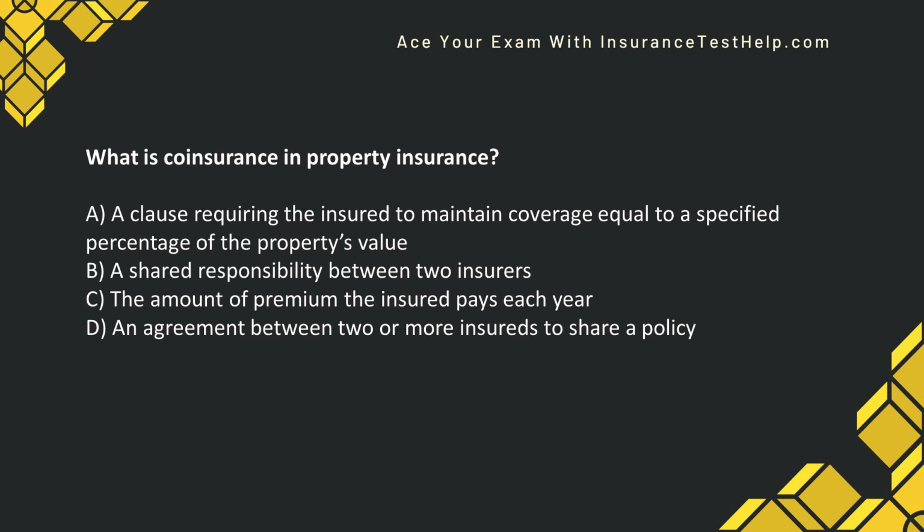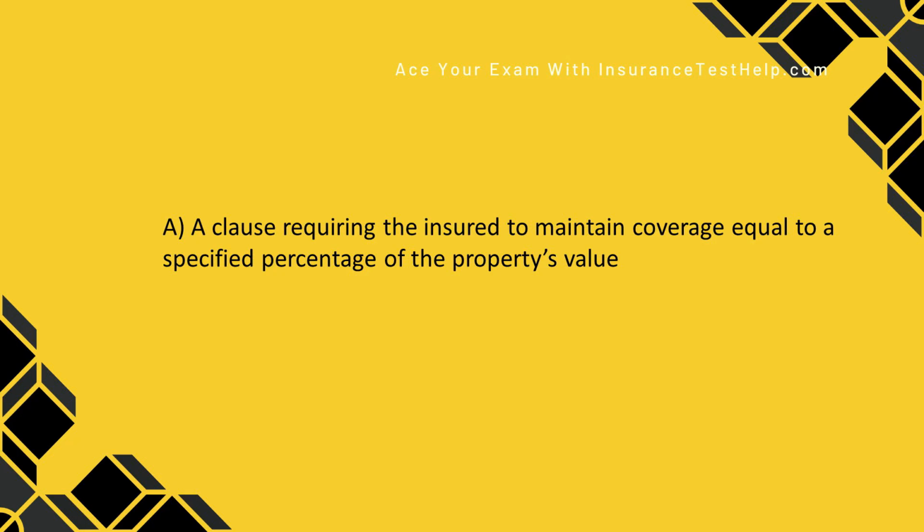So be sure with all of your questions on the test that you read the entire question and all of the options, because you can usually deduce that at least one, two, possibly even three of them are wrong. Coinsurance is A, a clause requiring the insured to maintain coverage equal to a specified percentage of the property's value. So for example, if your insurance requires you to maintain 80%, that is a coinsurance clause.